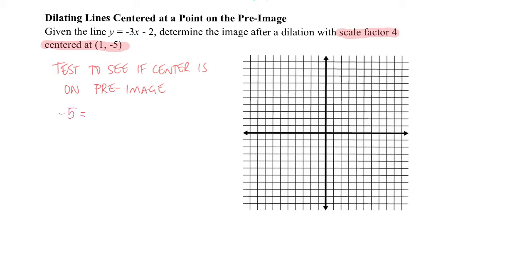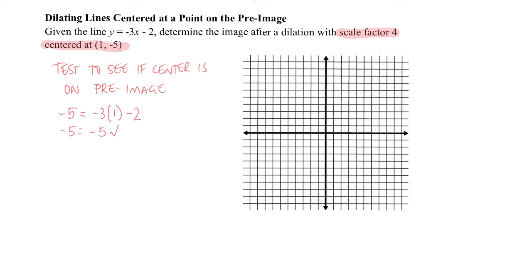Y is -5, x is 1, and we want to know if this is a true statement. Well, this is a true statement. So what that tells us is that the center of dilation is on the pre-image.